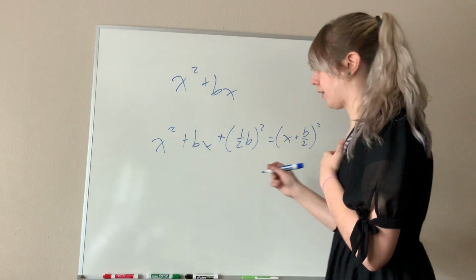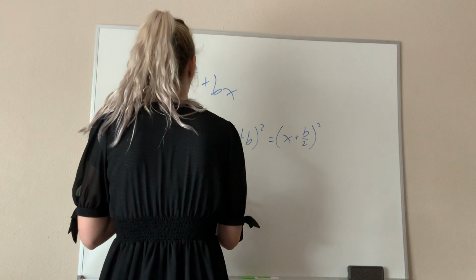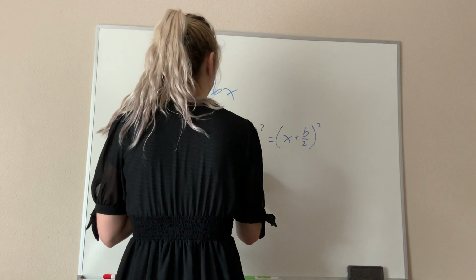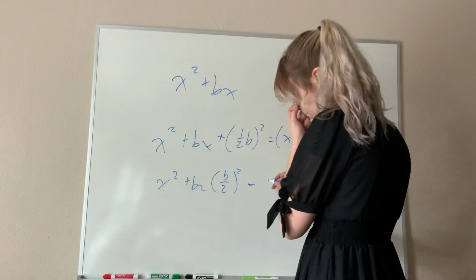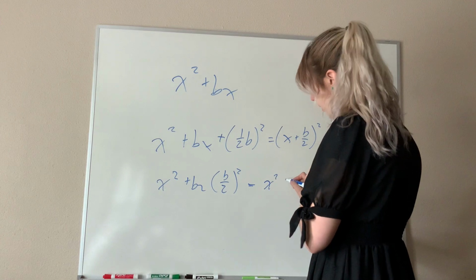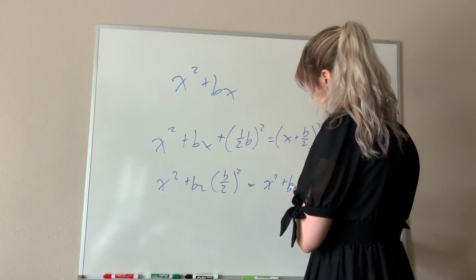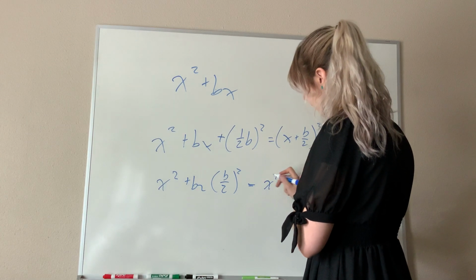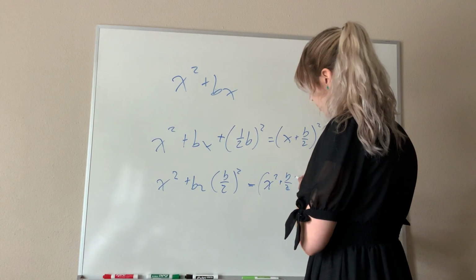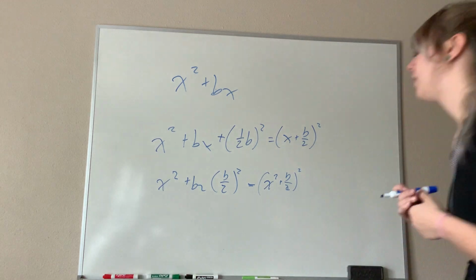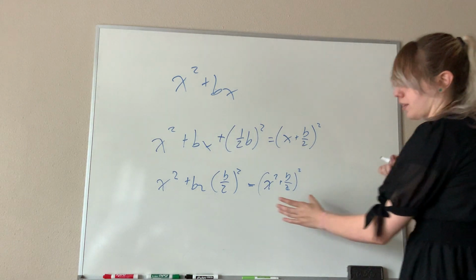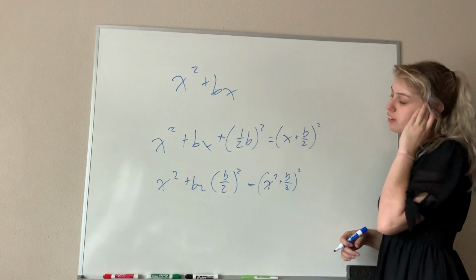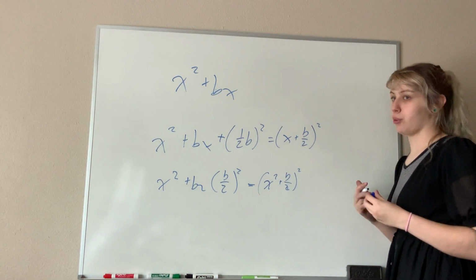Or you can write it as x squared plus bx plus b divided by 2 squared, which is equal to x plus b divided by 2 squared. So this is going to be the factored result. It's basically just what you did when you completed the square, which is b divided by 2 squared.